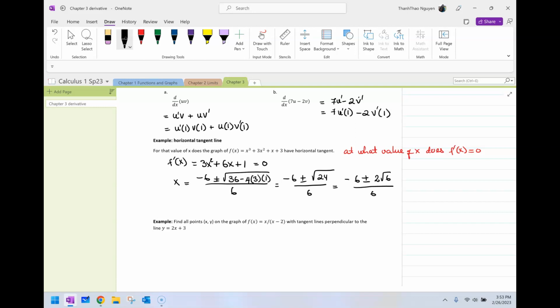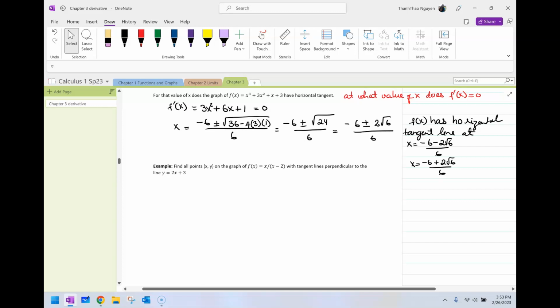So f of x has a horizontal tangent line at x equals negative 6 minus 2 root 6 divided by 6, and at x equals negative 6 plus 2 root 6 divided by 6.